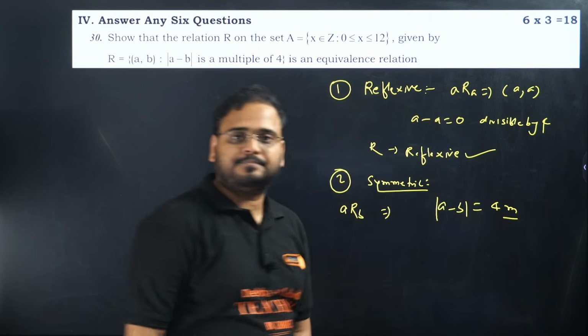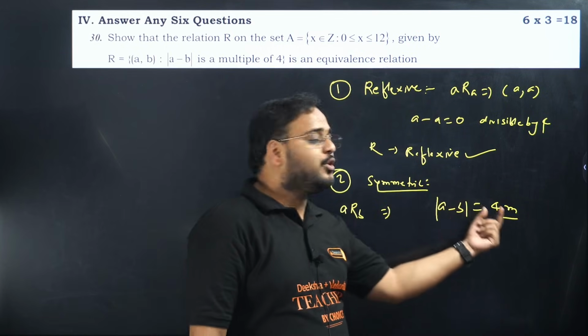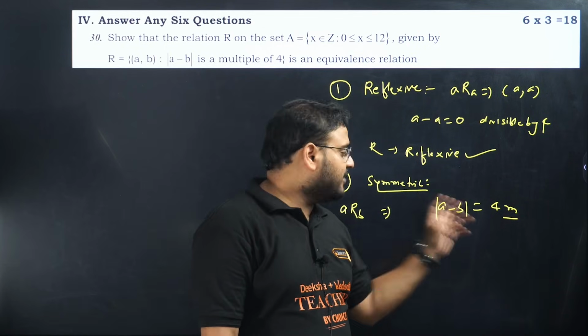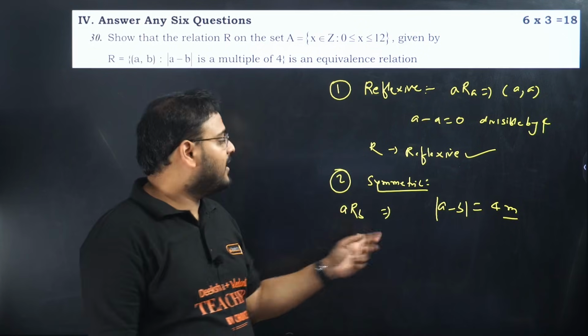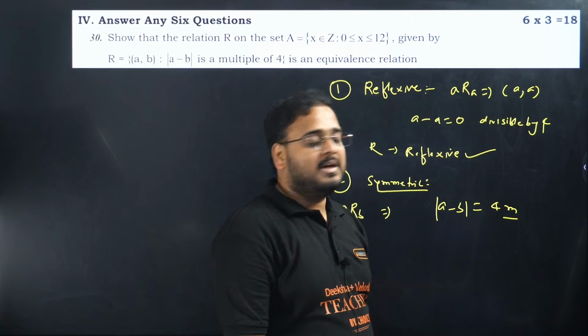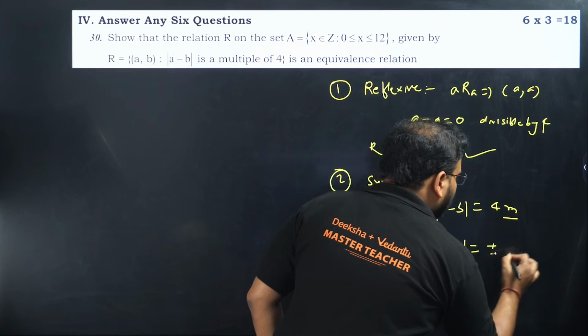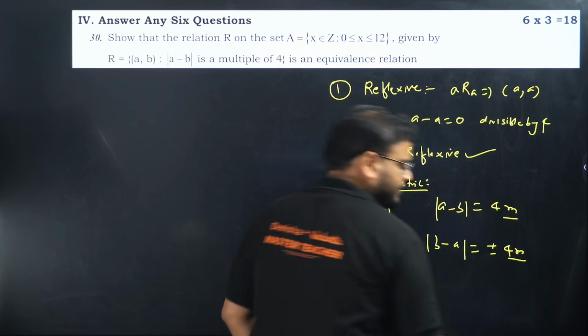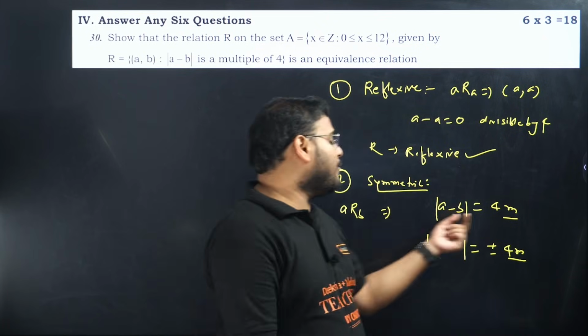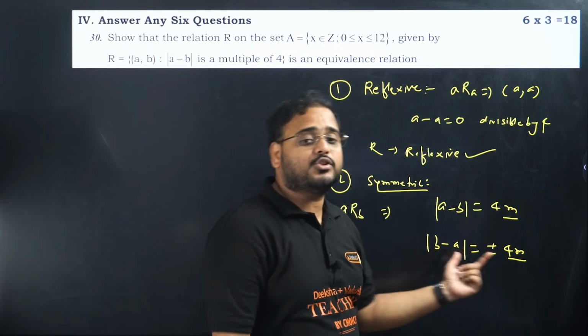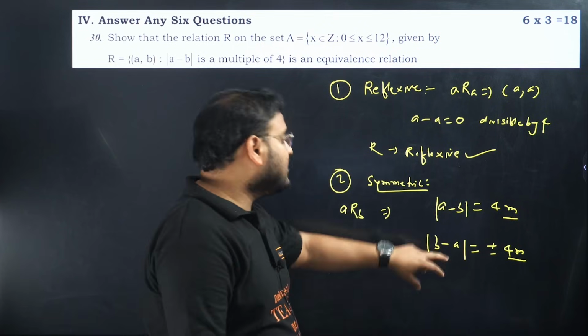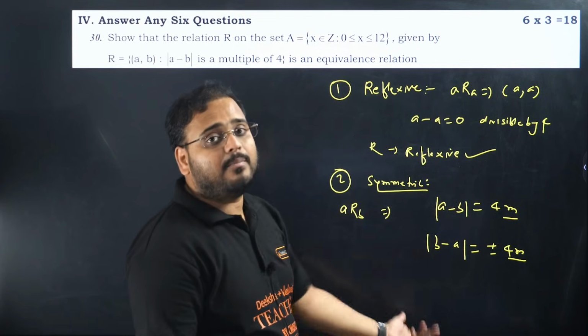So A minus B is equal to 4m. When you take the difference of the two elements A and B such that their difference is 4m, think about it: B minus A will also be plus or minus 4m. So if A minus B is 4m, B minus A will also be plus or minus 4m. It means both cases are divisible by 4.